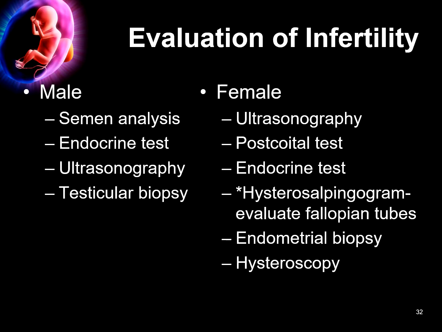Some methods of evaluation of infertility for the male partner include the semen analysis to analyze semen from the male, also endocrine tests to test for different types of endocrine problems, hormonal imbalances of the male, also ultrasonography, which uses ultrasound to examine and analyze the male anatomy, and then testicular biopsy.